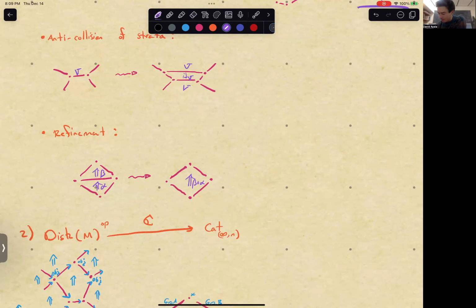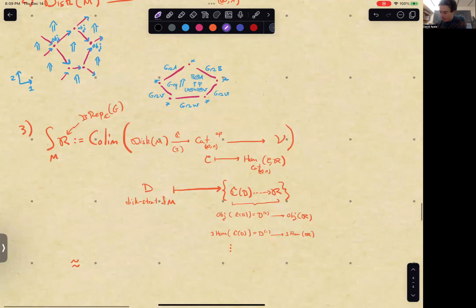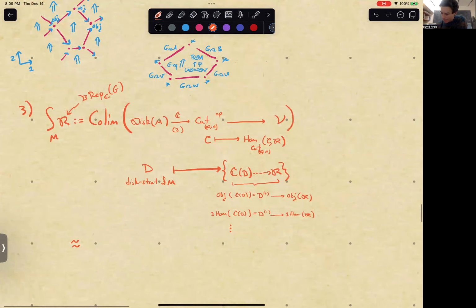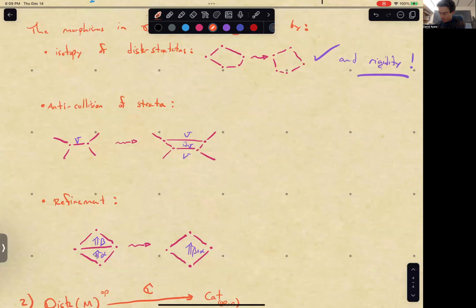These are great questions. I had in mind, but anti-collision involves some choices, right? It depends on where you put the identity morphism somewhere. I thought you have some choices to make. For example, you can let the bottom one be the identity, or you let the top one be the identity, right?